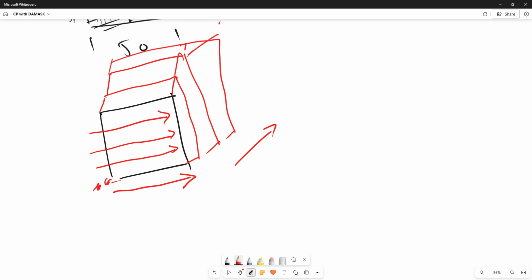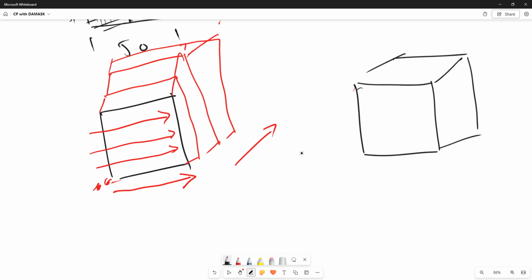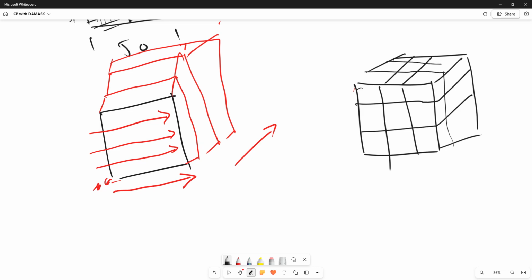Is that clear? Now if I want to draw a 3 by 3 by 3 geometry. By 3 by 3 by 3 geometry, I mean like this, and then like this, and then like this, and then also like this, and also like this. Okay, so this is a 3 by 3 by 3 geometry, right?